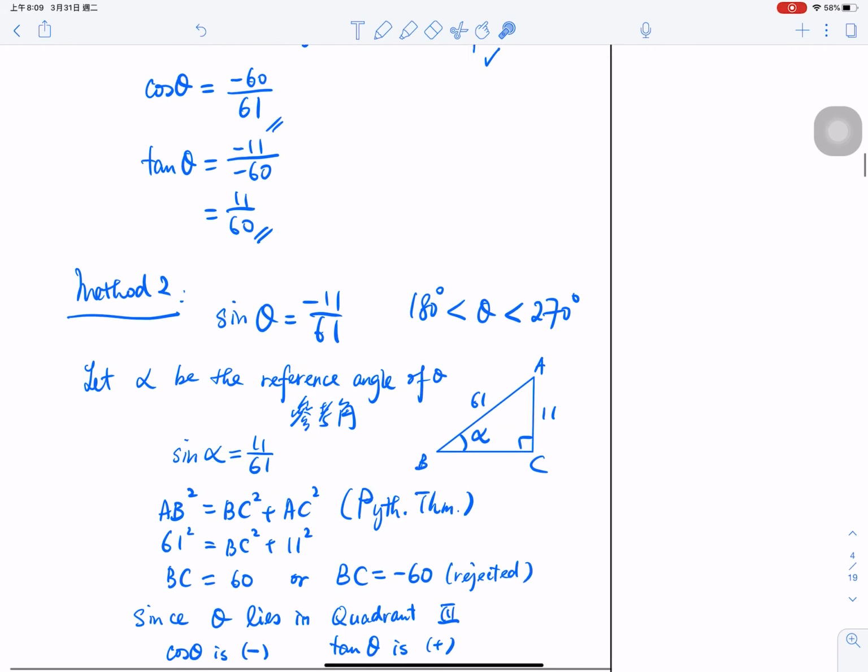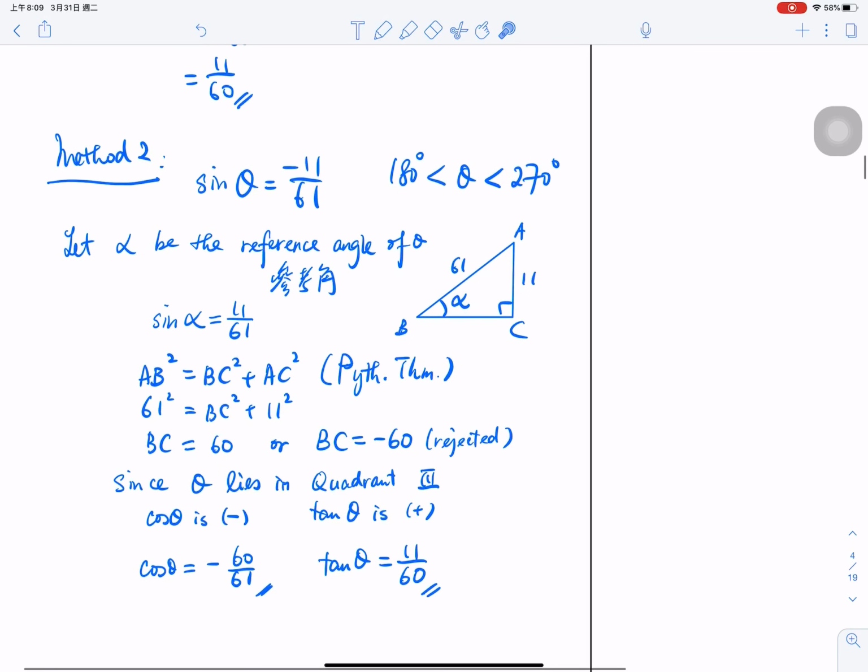Second method, using a right-angled triangle, and we make use of the given ratio, the sine function, and I let alpha be the reference angle 參考角 of theta. So sine alpha equals 11 over 61.